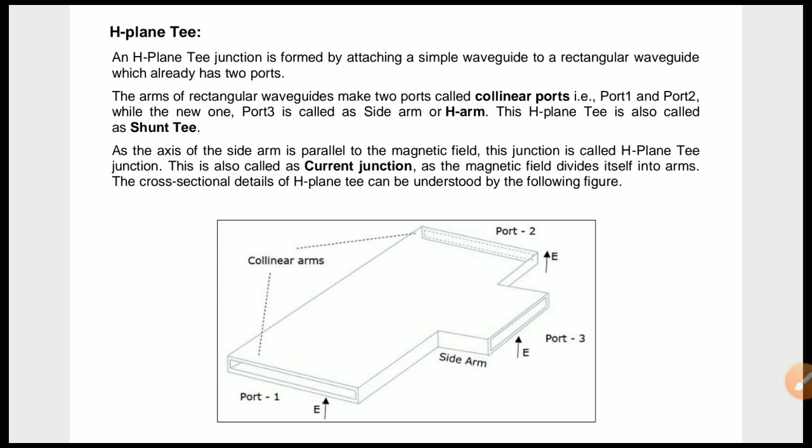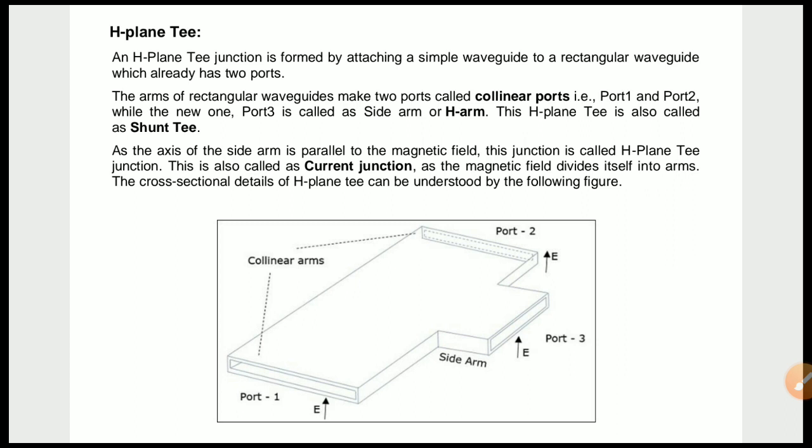Please remember, I am just introducing you to these Ts, their basic construction and working, but there is a derivation for the scattering matrix for each device in the microwave, like E plane T, H plane T, or magic T. You have to derive a scattering matrix in the examination.